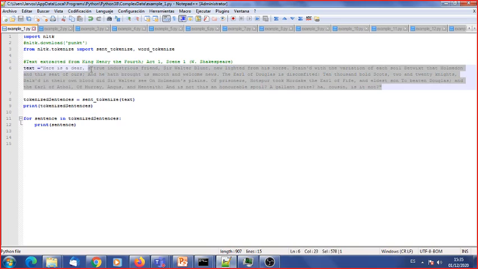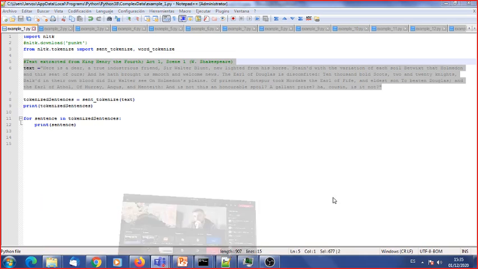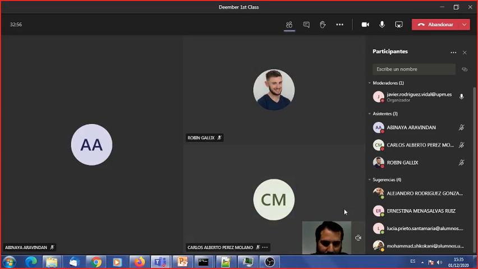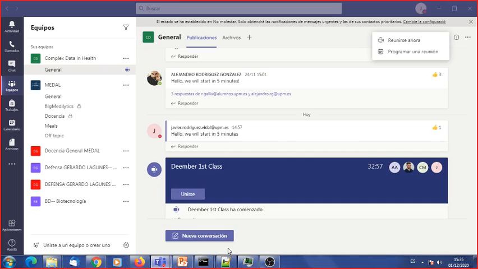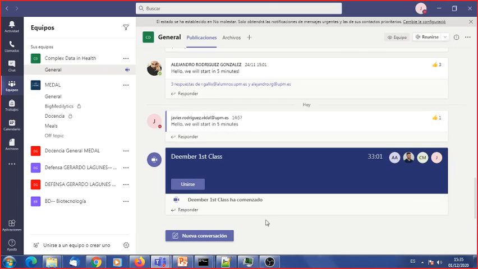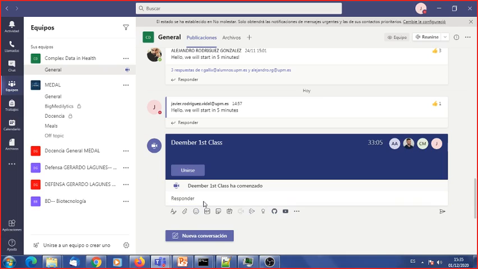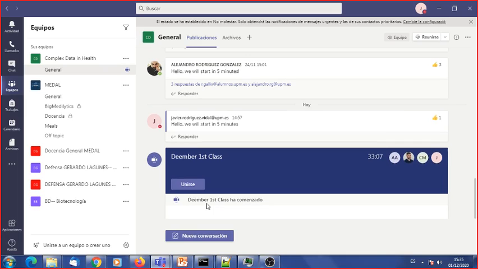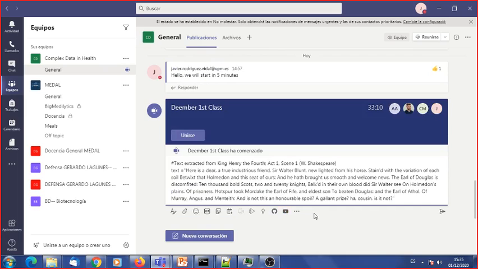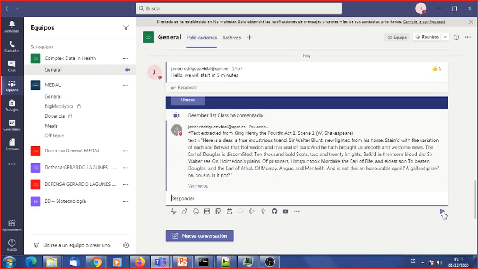I will share with you this whole text, which is extracted from King Henry IV, written by William Shakespeare. This is the text, okay, you can copy it.